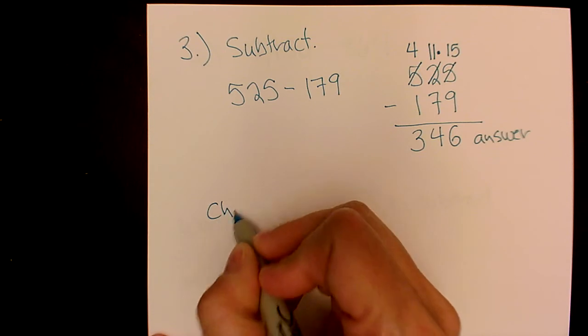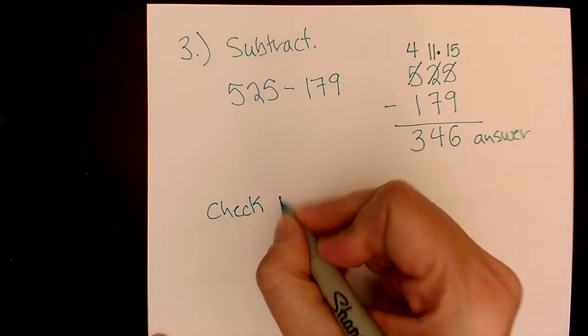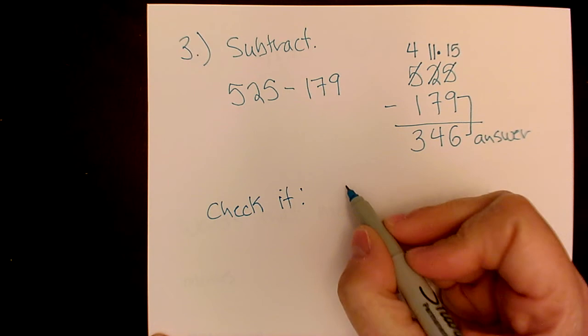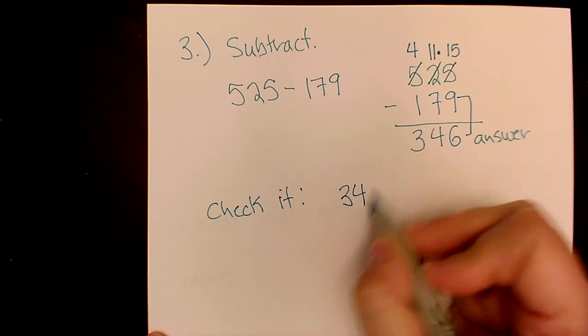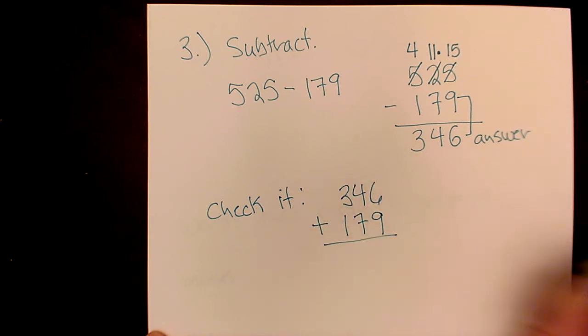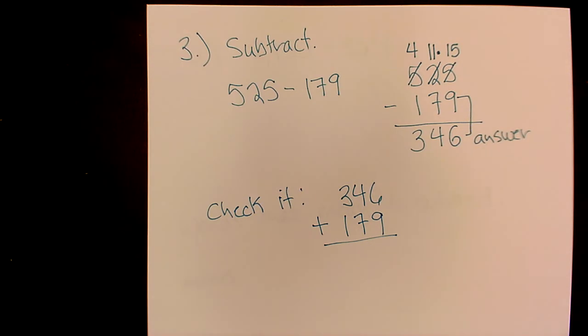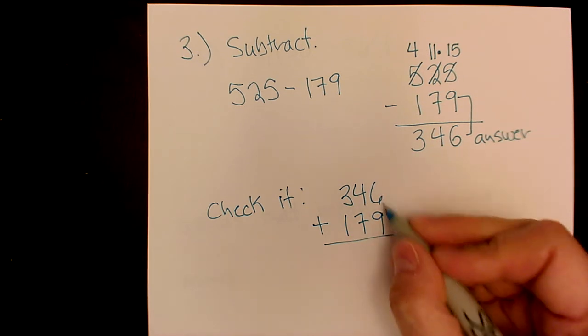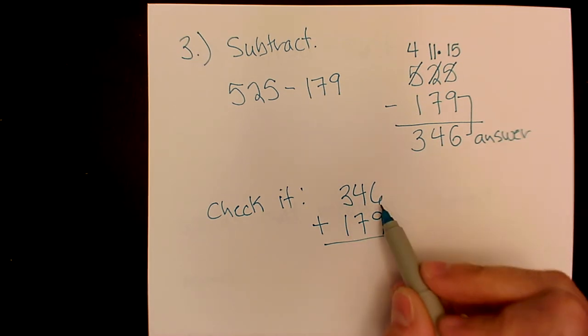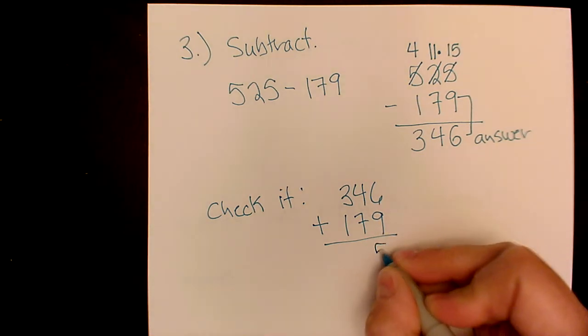Again, let's check it. And they do have you do that on the homework. So again, let's take our answer, which was 346, and let's add 179. Our goal is to get to 525. So adding down, starting from this right-hand side, 6 and 9 is 15.